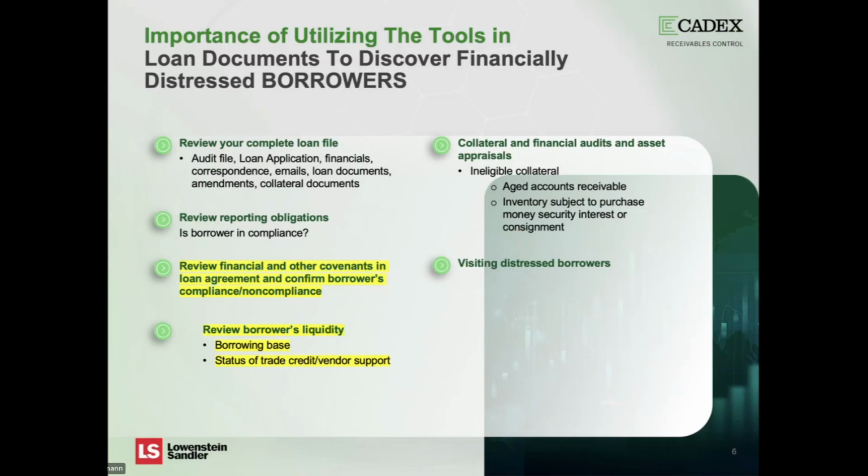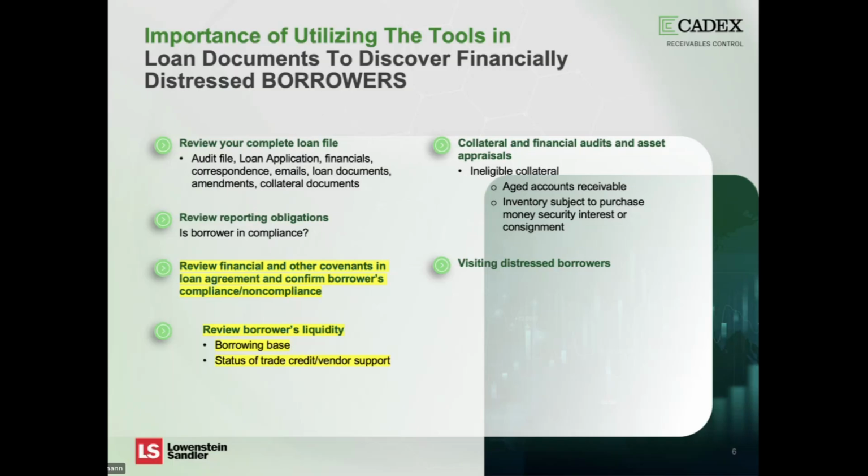Well, first of all, even before the problem, the importance of reviewing your loan documents, reviewing your file is critical. But your loan documents can give you information that themselves could give rise to warning signs. Many loan agreements have extensive reporting requirements on the part of the borrower. Is the borrower in compliance with those requirements?